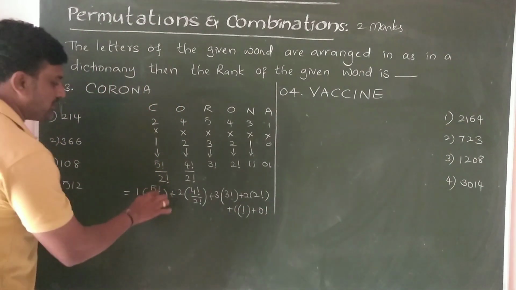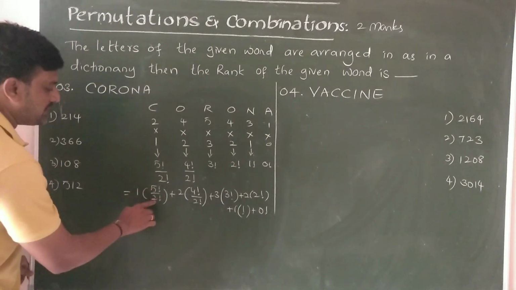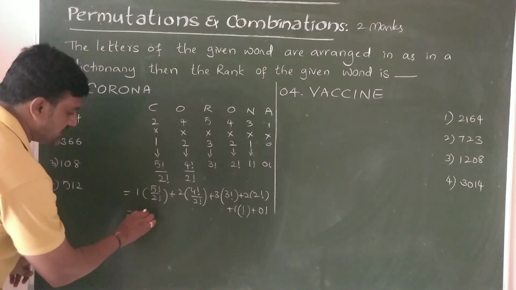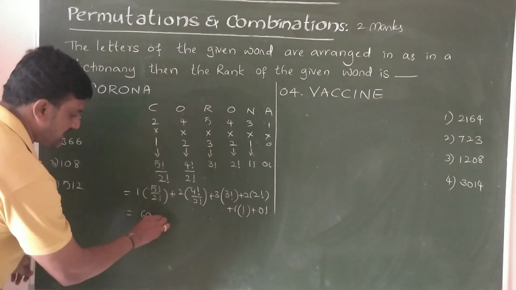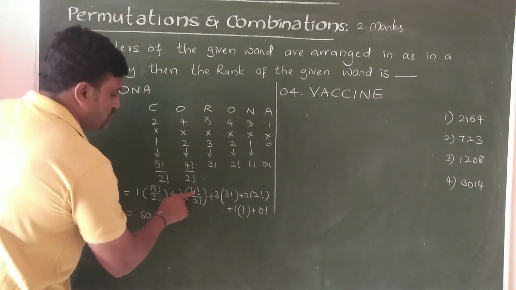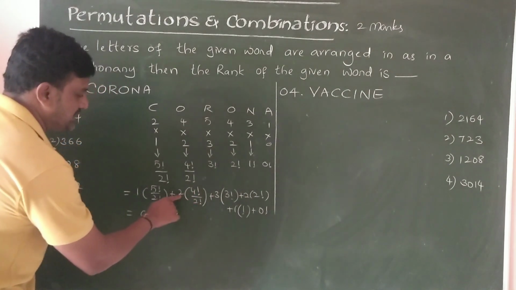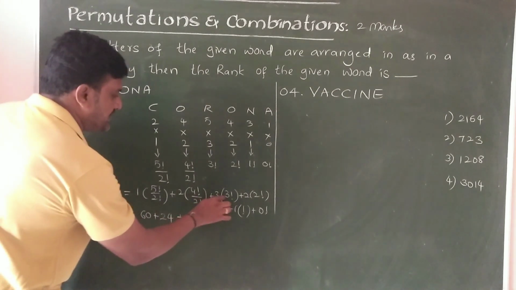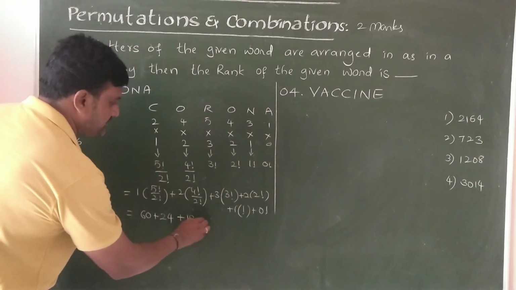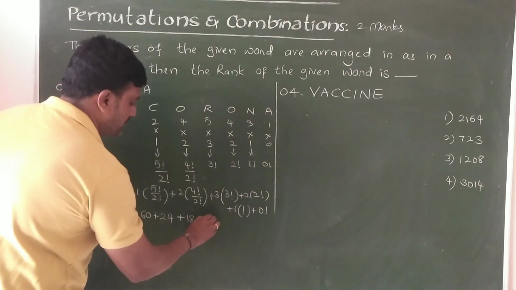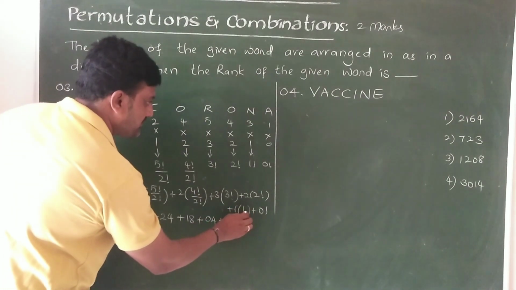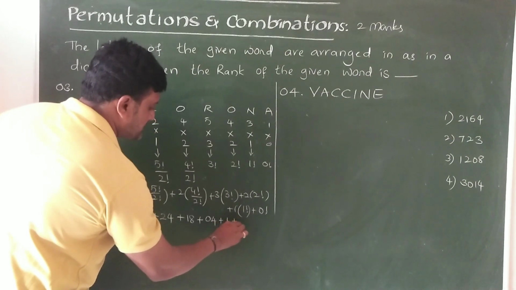Then 5 factorial by 2 factorial, 120 by 2, that is 60, plus 24 by 2, 12 into 2, 24, okay, plus 3 into 6, 18, 2 into 2, 4, plus 1 into 1 factorial, 1, plus 1.